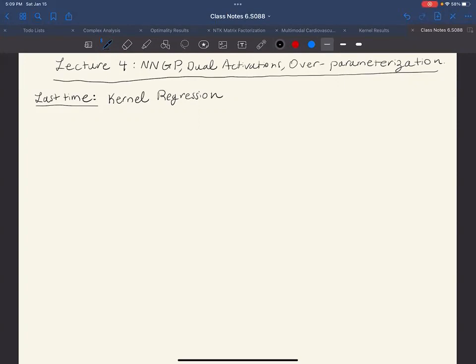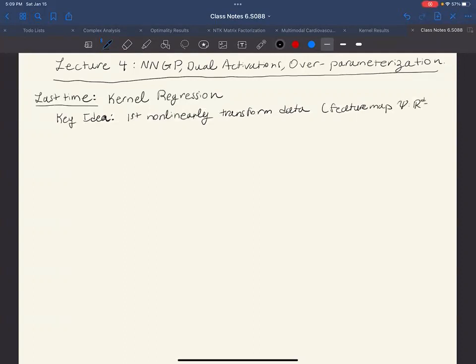So the key idea, instead of applying a nonlinear model in terms of the parameters to the data, was first to nonlinearly transform the data. And this was by a feature map, psi.